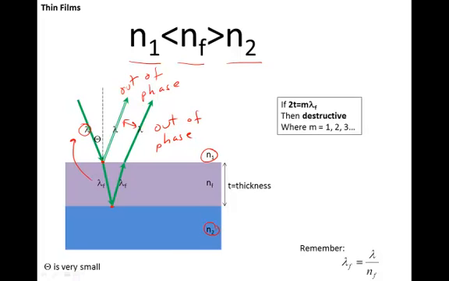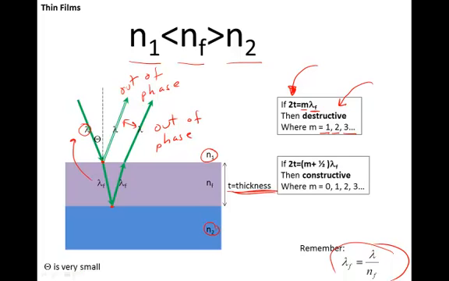That means if we take this particular thickness and double it, it will equal m times lambda f. Remember, this is how we calculated lambda f. That would mean that it is therefore destructive when m is equal to 1, 2, and 3, and so on.